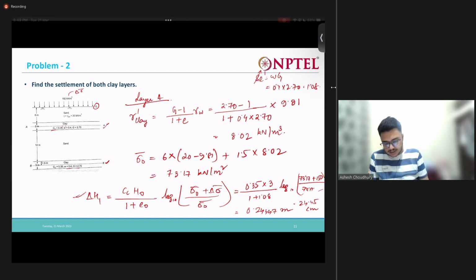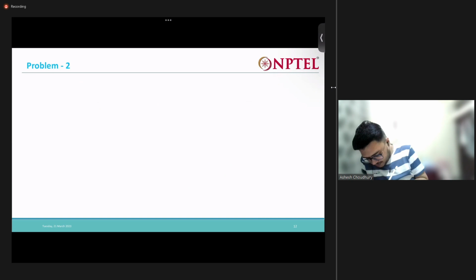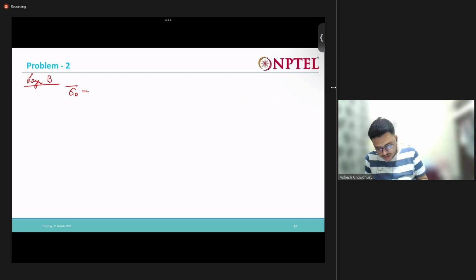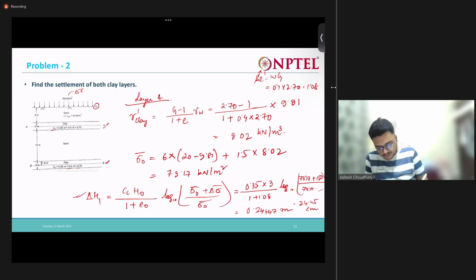Now let us do the same for layer B. Let us find out the effective stress first at this BB level.